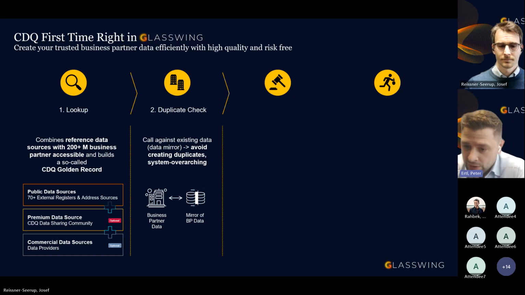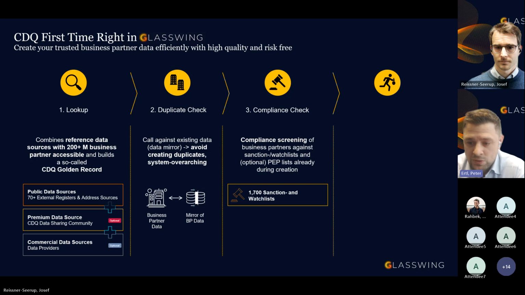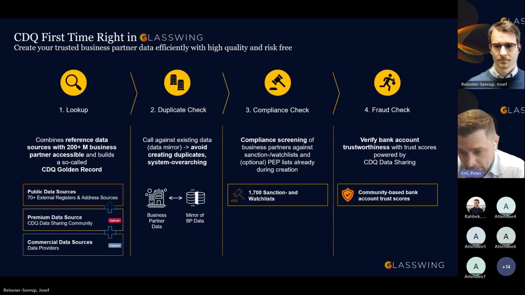You also ensure that with the correct data coming from these legal reference sources, it's easier to check against sanction and watch lists. Here we also use CDQ services in order to do an accurate compliance screening, where we ensure that companies are not on any of those sanctions and watch lists. Plus, when we are creating a natural person, we ensure whether this is a politically exposed person.